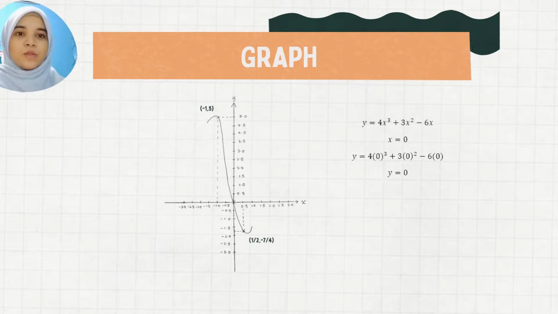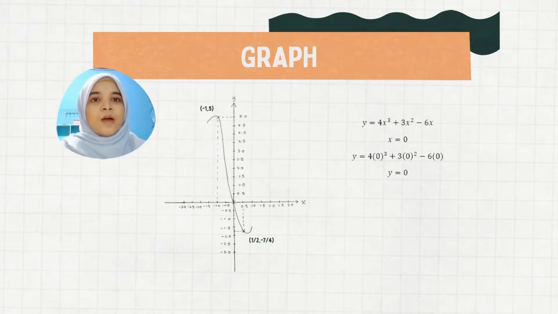And now we continue with the graph. Before we sketch a graph, we must find the calculation from the equation. After finishing our calculation, we will sketch on a graph that has two axes, namely x and y.